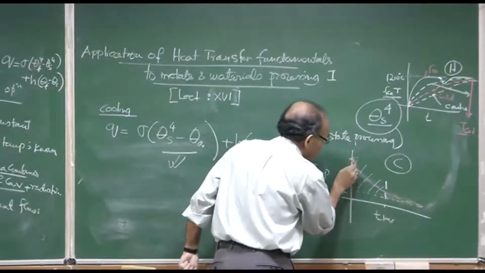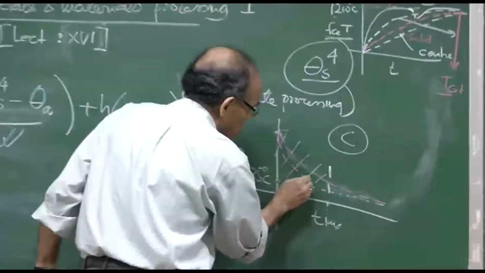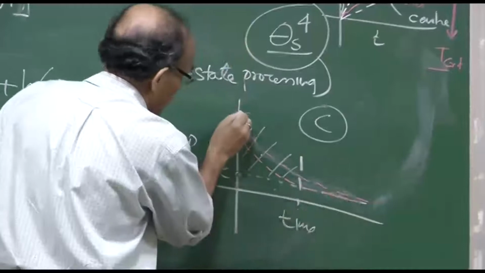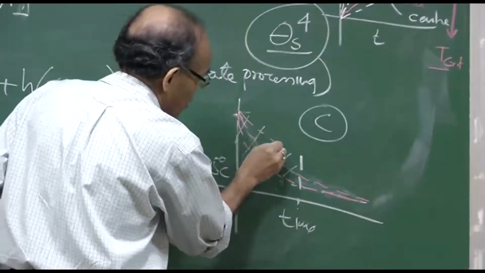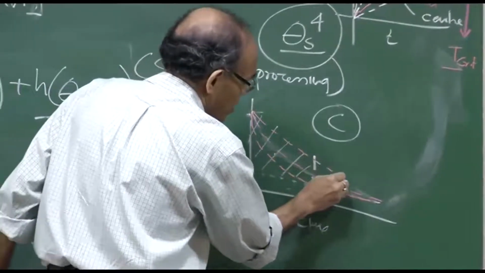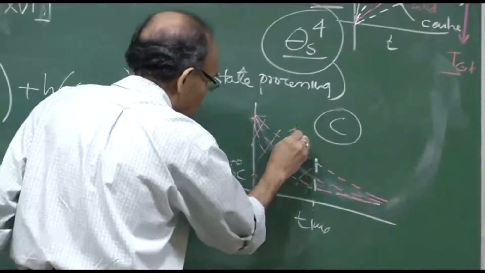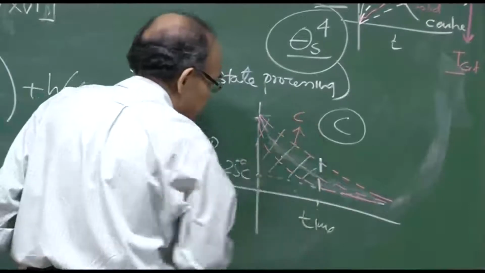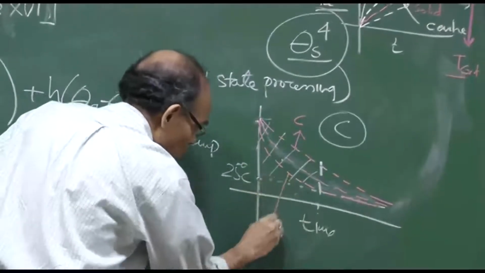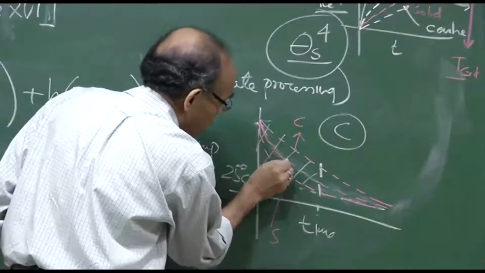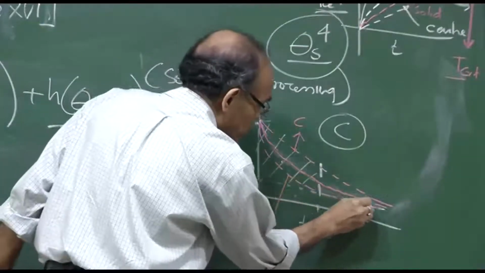We can have one line like this, which is cooling at a very fast rate, and the other line could be this, and you should be able to tell me which line corresponds to where. This line, which is cooling at a slower rate, could be the center of the slab or the ingot, this could be the surface which is cooling, and this could be our average temperature that I have already explained to you.